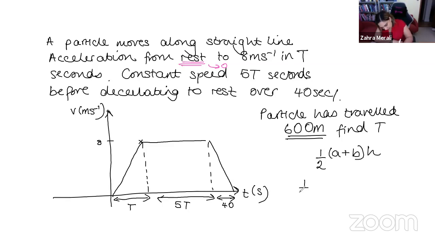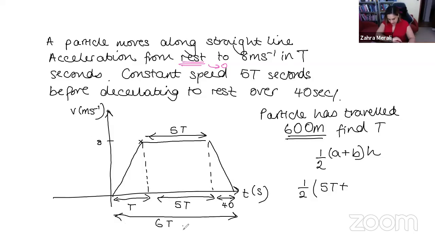So we're going to have half our a, this distance here, which is 5t, plus this entire distance here, which is 6t plus 40. And then the distance between them is 8. And we know that all of this equals 600.